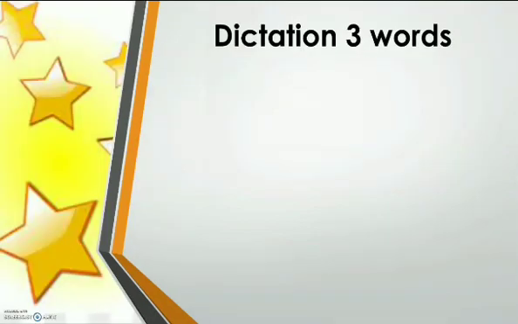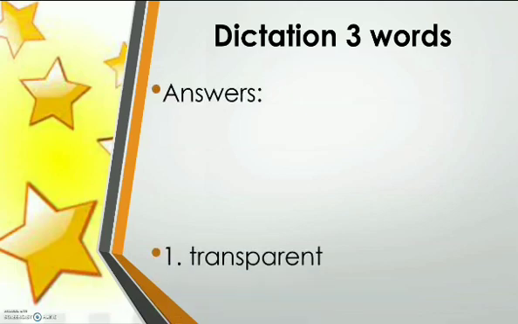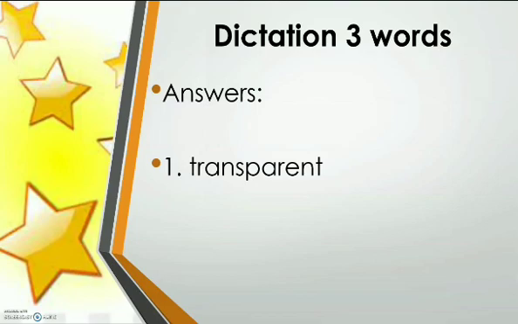Okay, now let's check your answers. Bring out your red pen. If your answer is correct, please put 1. If your answer is incorrect, please copy the correct answer. Now let's read and spell together. Transparent. T-R-A-N-S-P-A-R-E-N-T.